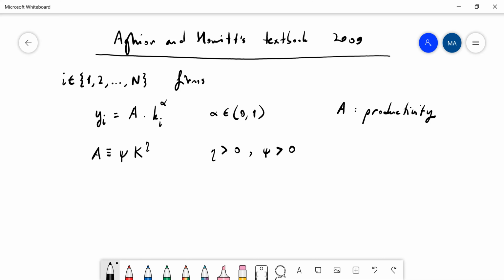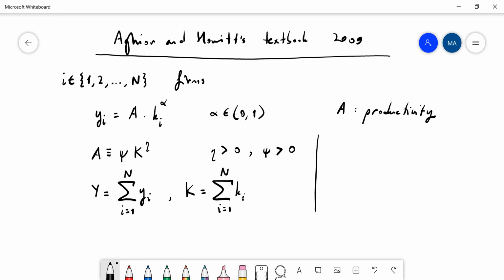Okay, but if this is true, now think of what happens. The aggregate production will be equal to what? It will be equal to this, okay, and the aggregate capital will be equal to this, all right? Now, with heterogeneity, it is of course difficult to understand equilibrium, right?